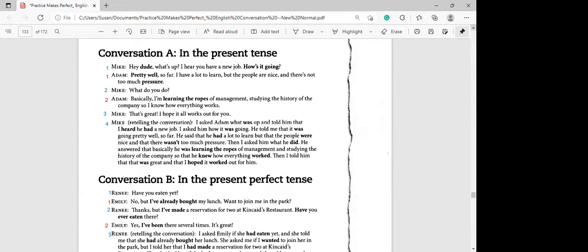Then I asked him what he did. He answered that basically he was learning the ropes of management and studying the history of the company so that he knew how everything worked. Then I told him that that was great and that I hoped it worked out for him.